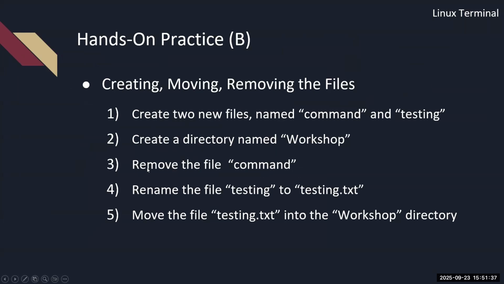And then you can try to remove one of the files with the remove command, rename the testing file to testing.txt, and move the testing.txt to the folder you created. So these are the questions. I will give you 5 minutes to do that, and raise a hand if you have any questions.